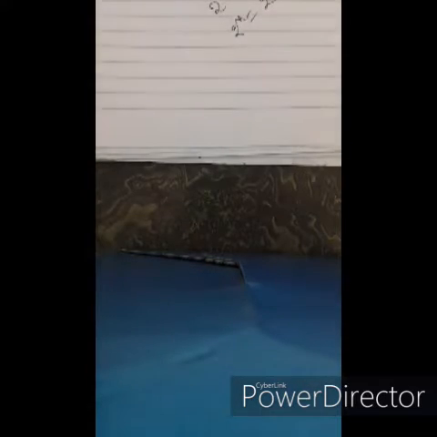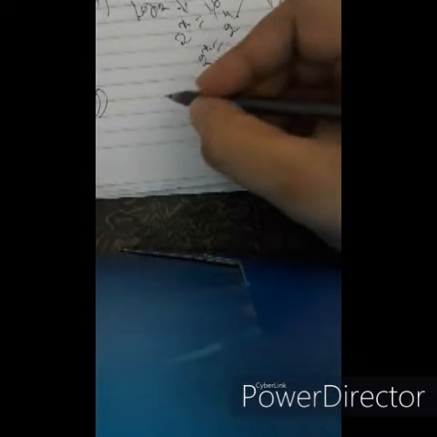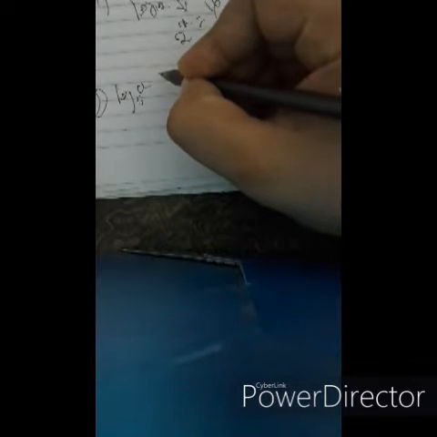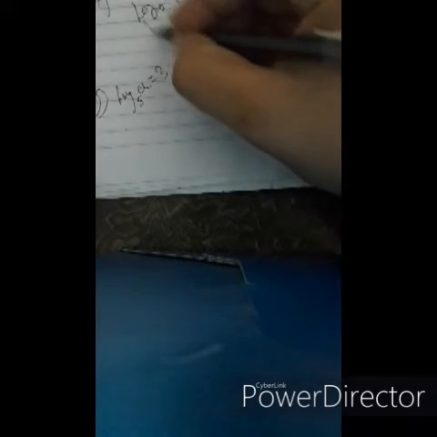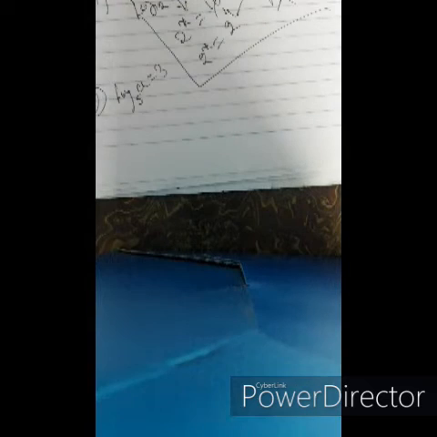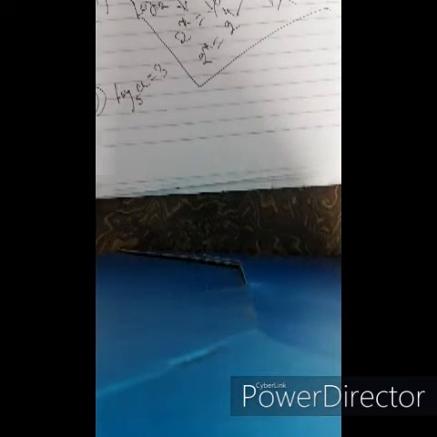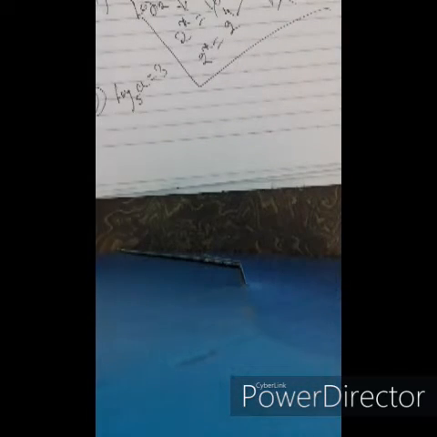Now let's solve another problem. Log of a to the base 5 is equal to 3. It's given. So now we have to find the value of a. How do we do that?